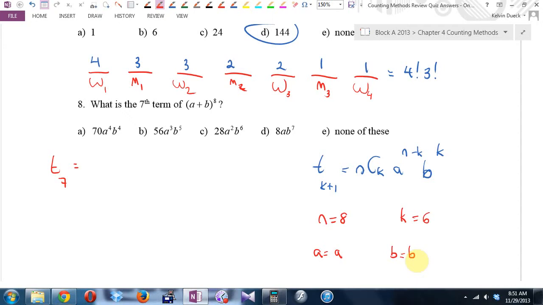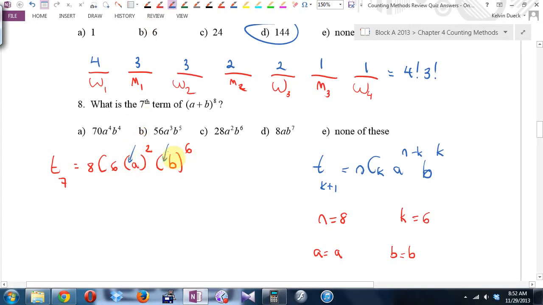It's going to be 8 choose 6. Yes? A to the 2, B to the 6th. Now, if I had numbers there and there, I'd have to put the exponents onto those numbers.